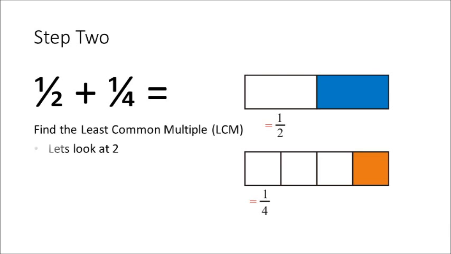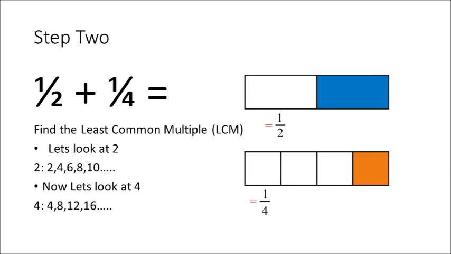In our problem, we're going to first list out the multiples of each number, 2 and 4, and next we're going to find the common or same value number that they both go into.